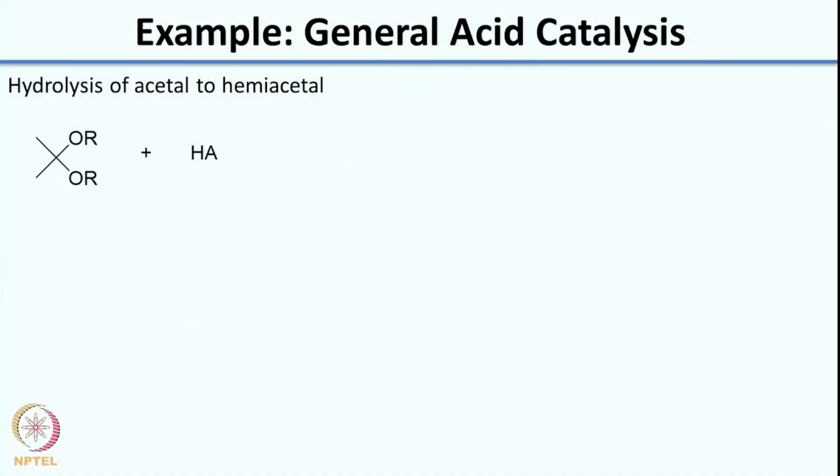Now suppose the same reaction goes via general acid catalysis, how will you write the mechanism? I want you to do that as homework, and when we come back in the next lecture, we will see how this reaction mechanism takes place and whether you actually observe such a mechanism, because usually one would assume that for acetal hydrolysis it would have to go by a specific acid catalysis because you do not have a great leaving group.